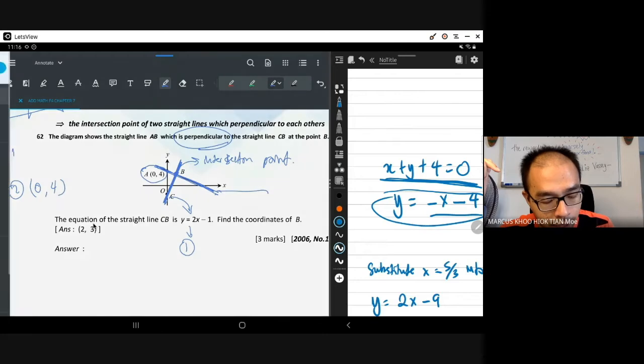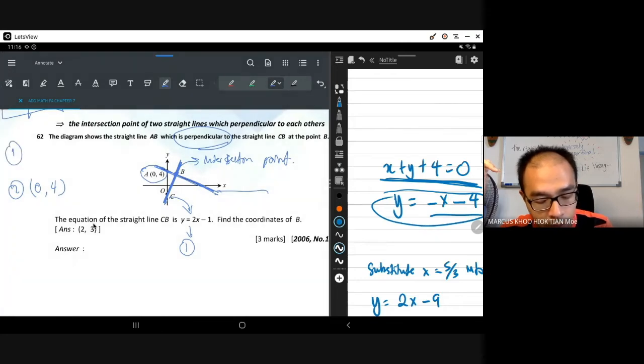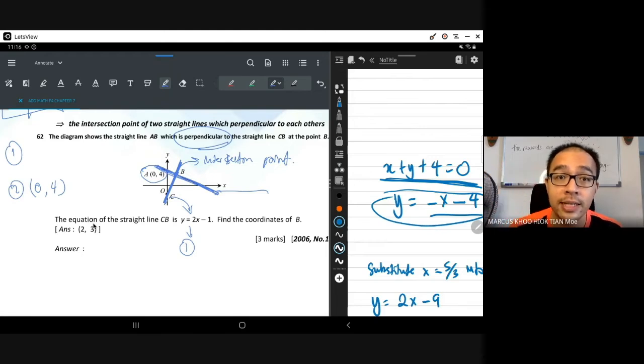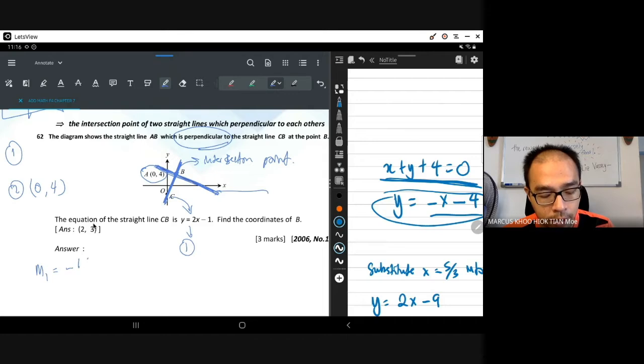How do I find the gradient of this one? We remember from our previous class on Tuesday, we talked about perpendicular lines. And when we talk about perpendicular, we're talking about m1 equals to negative 1 over m2.